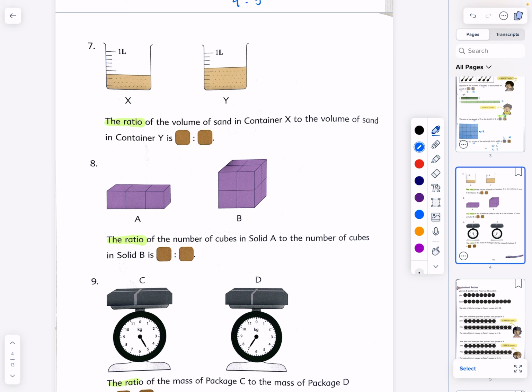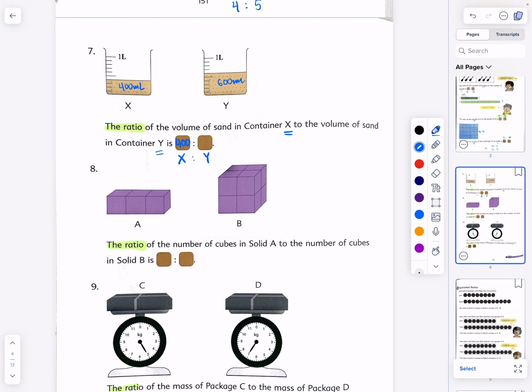The ratio of the volume of sand in container X to the volume of sand in container Y, again, X to Y, is 1, 2, 3, 4, 400 milliliters, and 1, 2, 3, 4, 5, 6, 600 milliliters. So we would say 400 to 600. Again, we use ratios to compare two quantities. We can also compare more, as we will see in the next video.